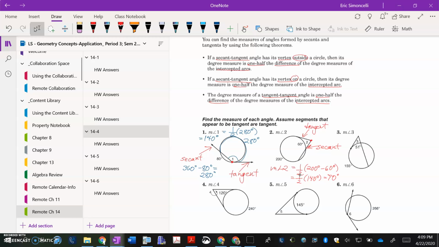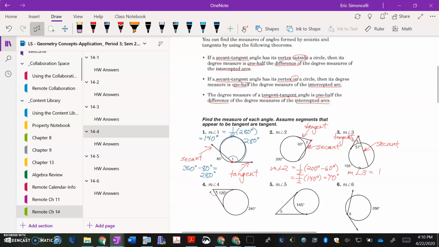Number 3, the measure of angle 3. So in this particular case, we are looking at a tangent and a secant, of which, again, if we note, like number 2, our vertex is outside the circle, so we'll use the same theorem. So our math ends up looking like the following.